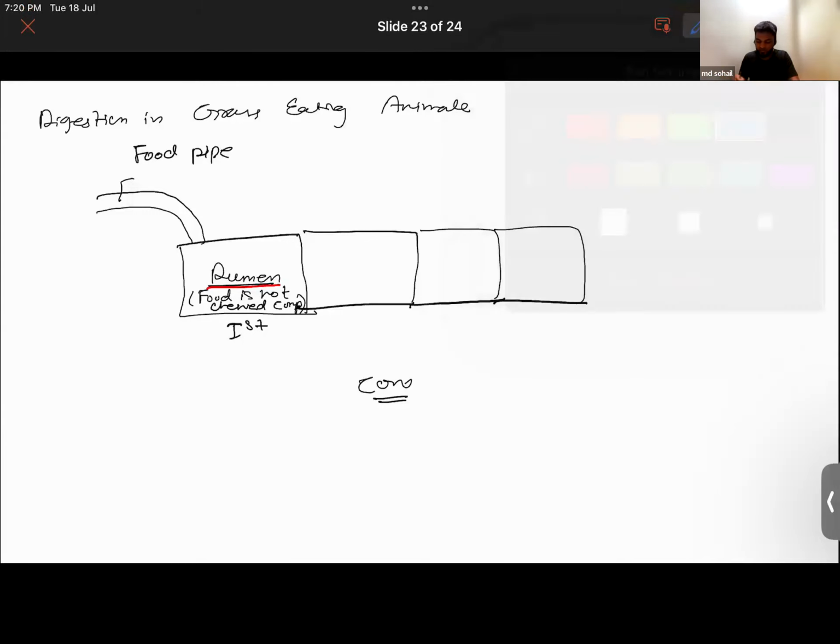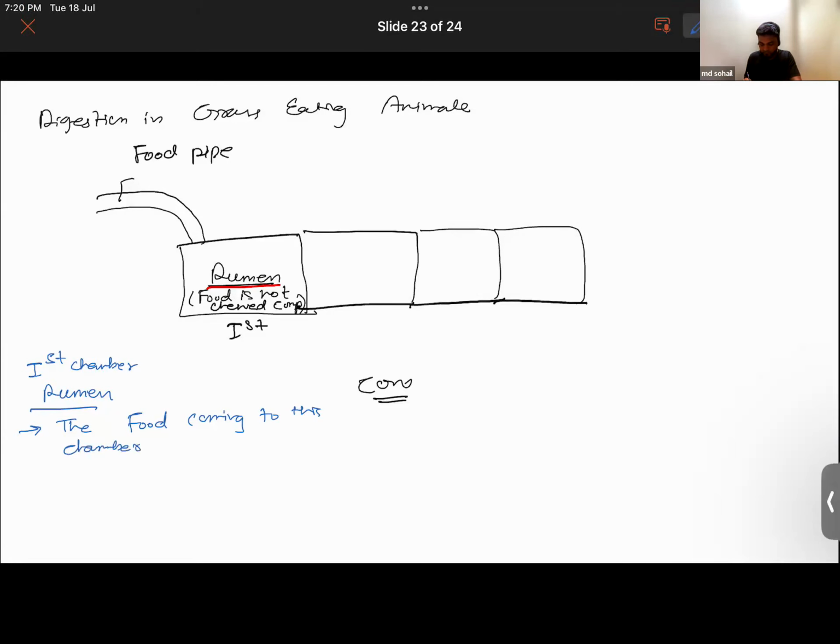Look, I'm writing in detail over here. In the first chamber, that is rumen, the food coming to this chamber is not chewed properly, guys. Isn't it? The next thing is that this rumen, the first chamber of the stomach, consists of cellulose digesting bacteria.